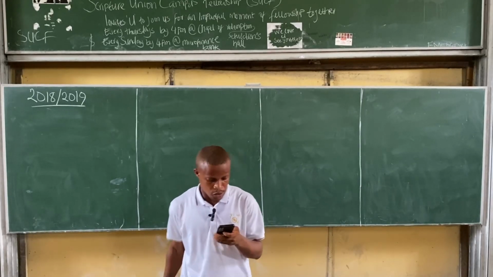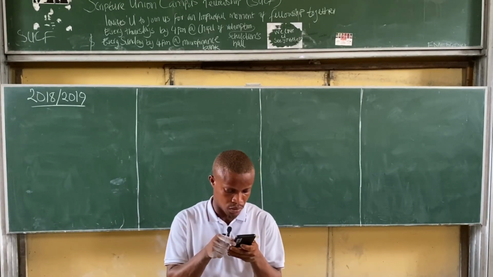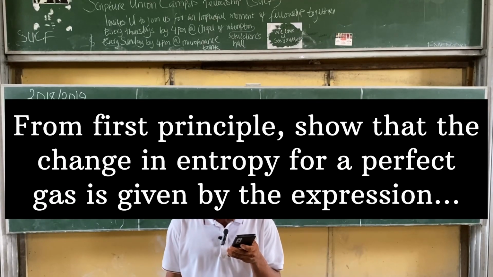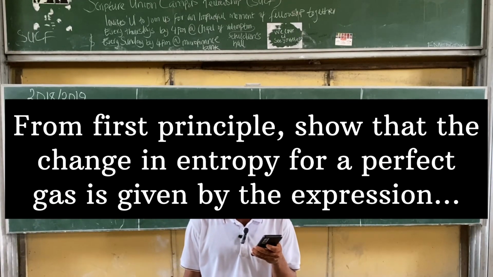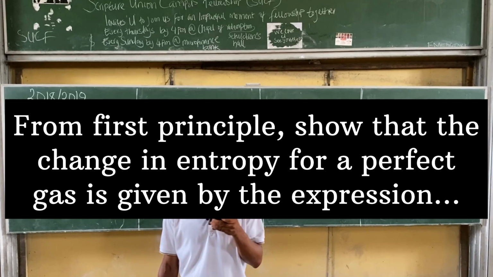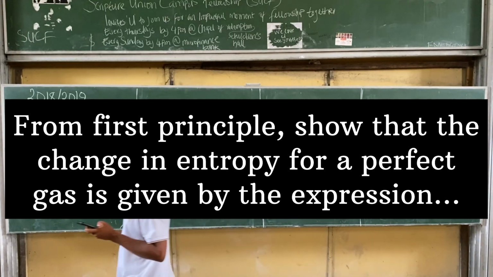Okay, welcome. Question 5b. From first principle, show that the change in entropy for a perfect gas is given by the expression.